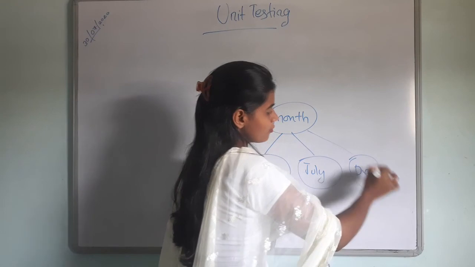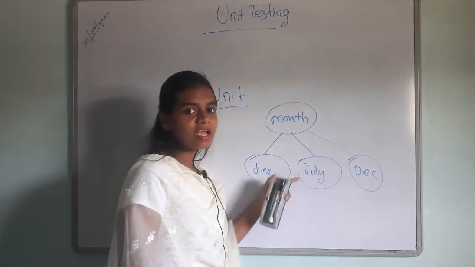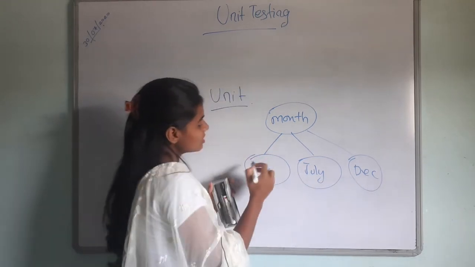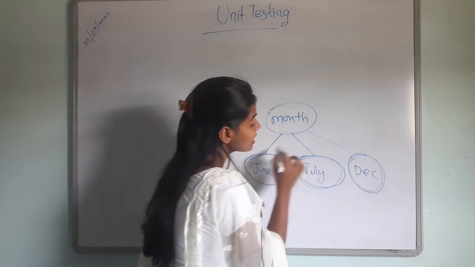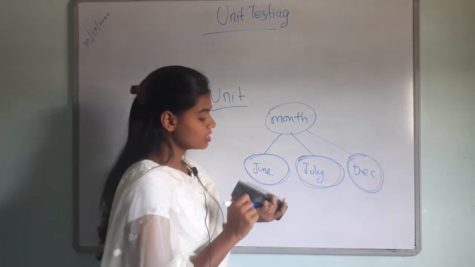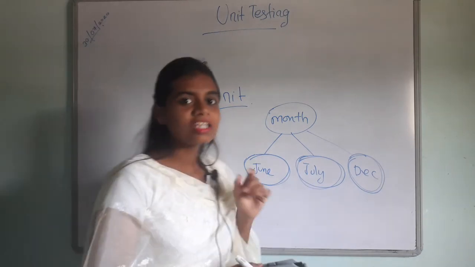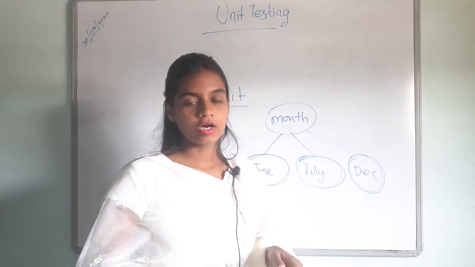How do these small products get tested? They get tested by unit testing. Unit testing tests all of these individual components. That's why I'm telling you a unit is the small testable part of any software.